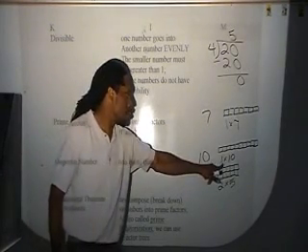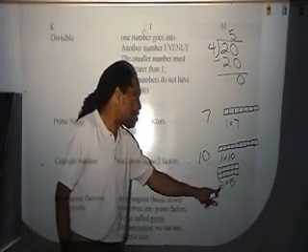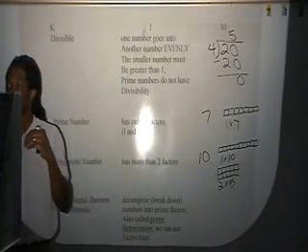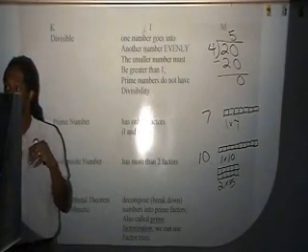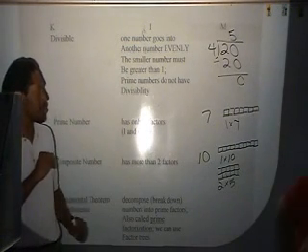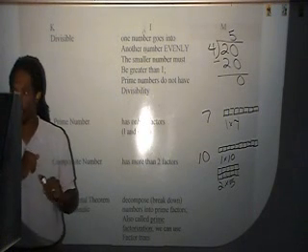This one has 1, 2, 3, 4. Those numbers are the factors. The way that it can be grouped also gives you your factors. Okay? So that's how we test for those. Any questions about that?